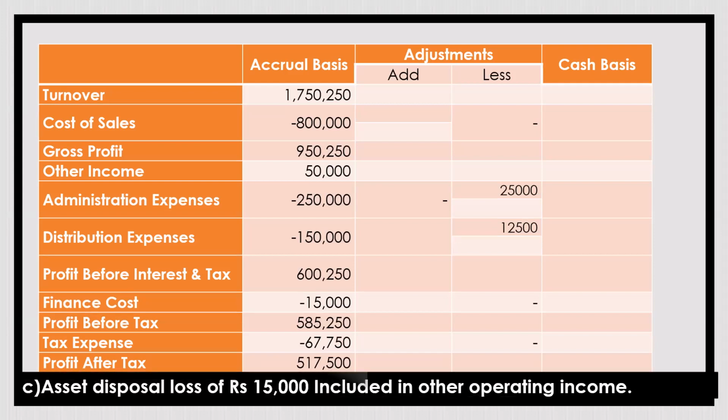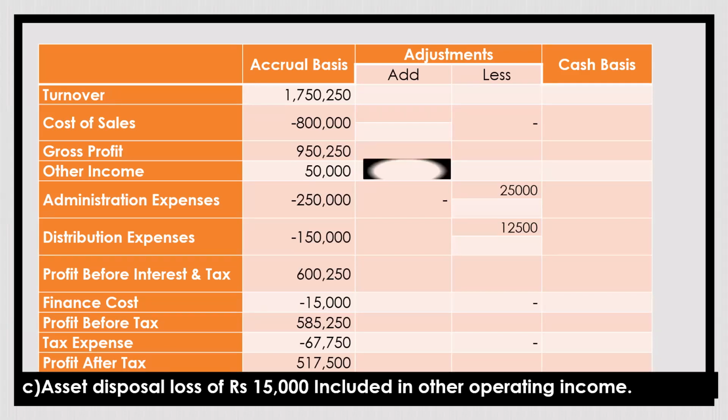Then the next one is asset disposal loss of 15,000 included in other operating income. So we know that disposal profit or disposal loss is not a cash item. Therefore, we have to remove it.